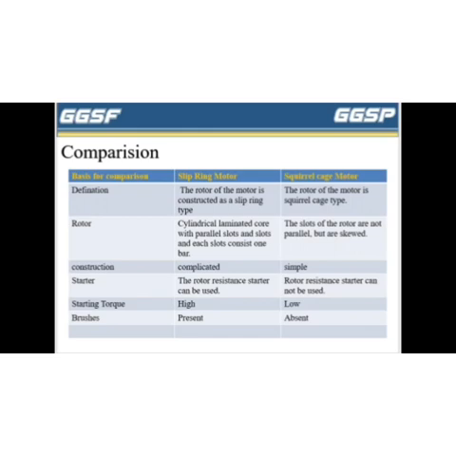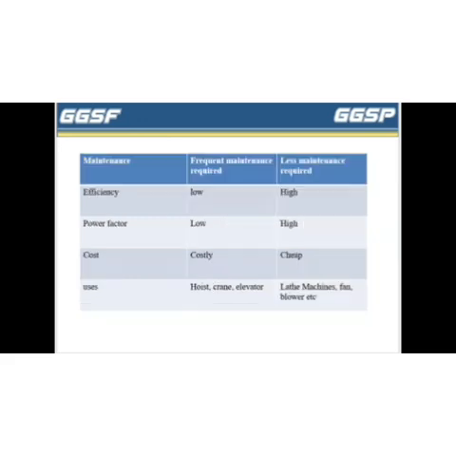Construction: slip ring motor complicated, squirrel cage motor simple. Starter: the rotor resistance starter can be used; rotor resistance starter cannot be used. Starting torque high; starting torque of squirrel cage motor low. Brushes of slip ring motors present; brushes of squirrel cage motor absent.